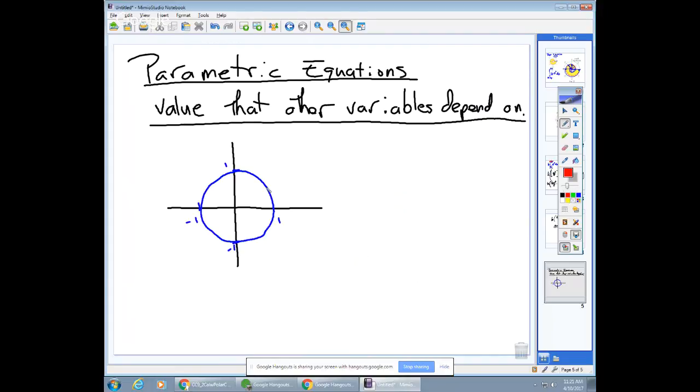And in your algebra class, you learned that if there's some angle right here, and we call that angle theta, and there's some point here, (x, y), we know that x is equal to the cosine of that angle, and y is equal to the sine of that angle. So in this case, theta is a parameter that helps us find what x and y are on the unit circle.